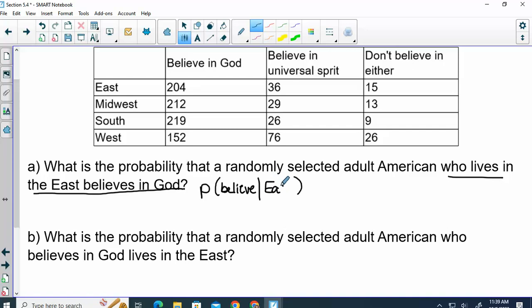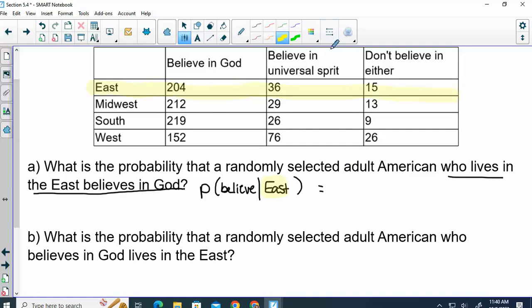They are from the East. All right. So do I have to look at the entire table here? No. I know that the person is from the East. So when I'm setting up my denominator, I'm only looking at the East.